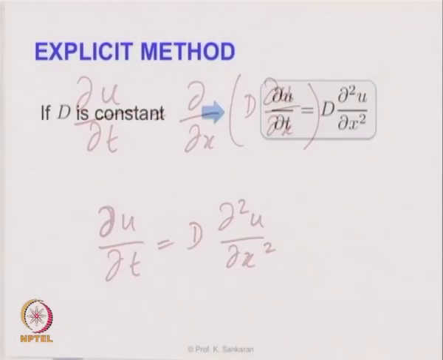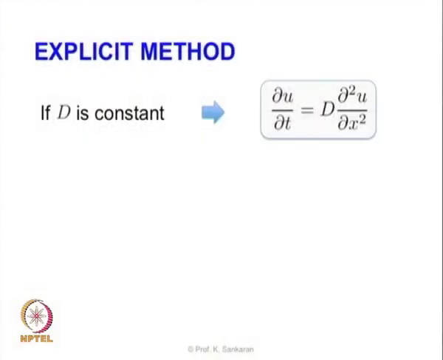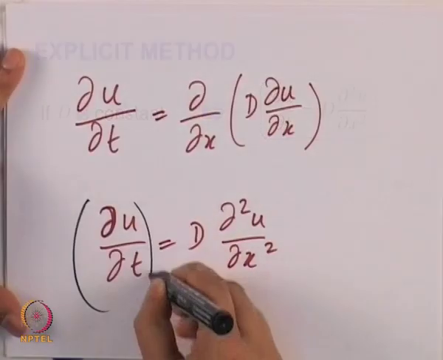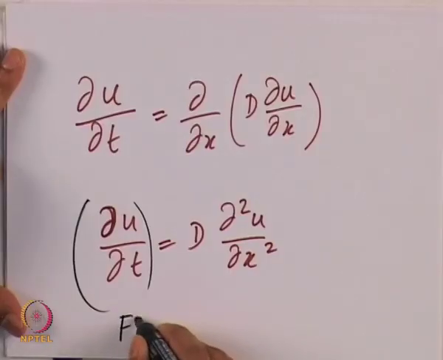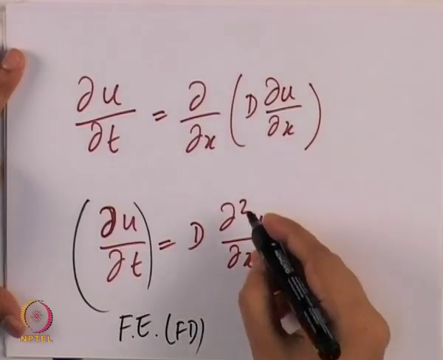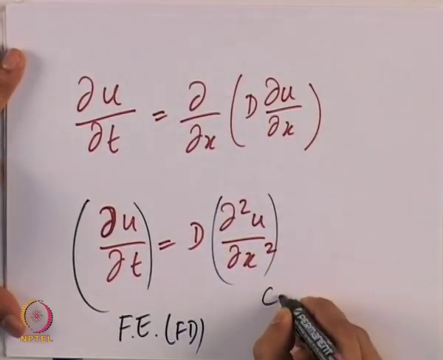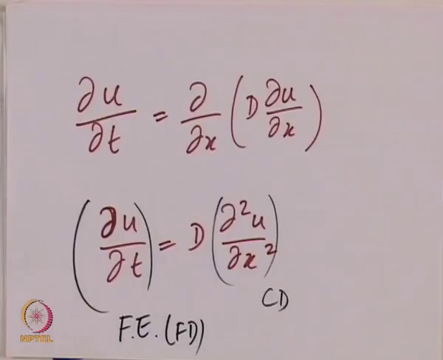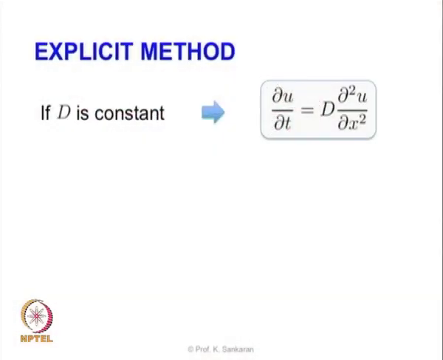So what we are going to do now is apply the forward Euler method, that is the forward differencing scheme, for this particular term, and for this particular term we are going to use the central differencing scheme. So that is what we are going to see in the next slide.